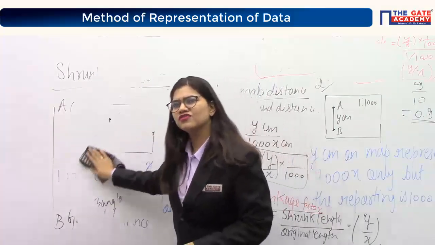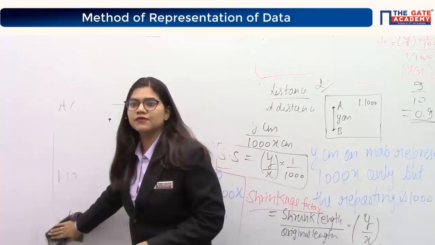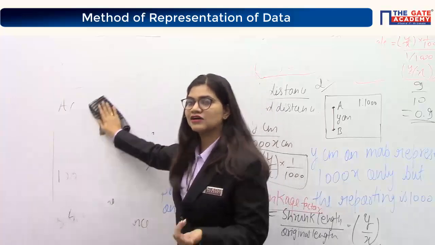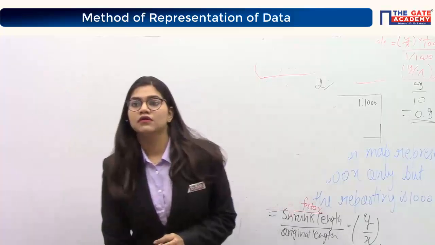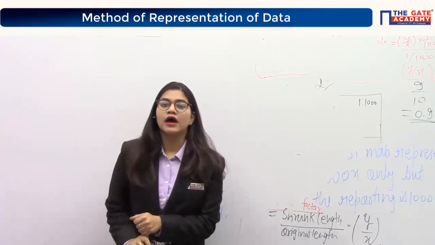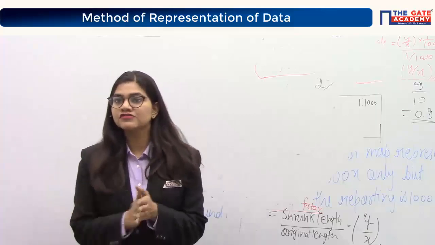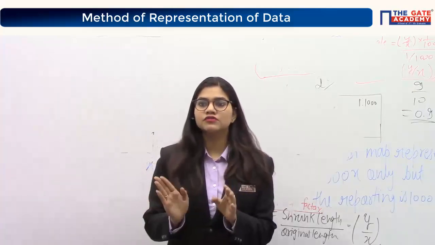Map has a smaller scale. Roshan, there is only a difference in the scale, larger or smaller, not in terms of uniformity. Plans have a larger scale, maps have a smaller scale. Very good. Yes, Vishnu, it is correct. Map is the smaller one.